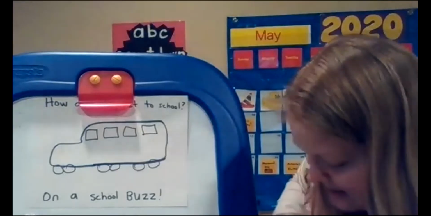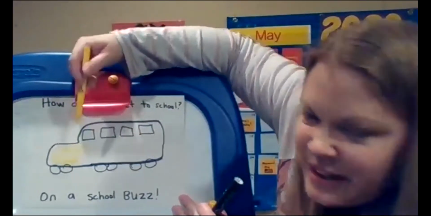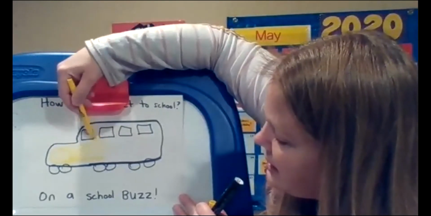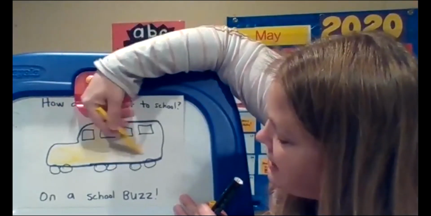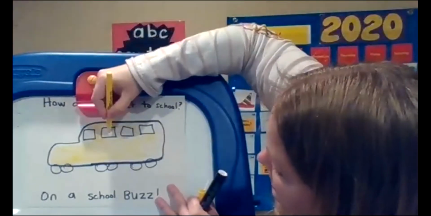Draw my bus. I'll color it in yellow. I'm just going to color quickly so I don't take all of your working time, but you would do a nicer job than I'm doing, of course. And then I'm going to draw some bees in the window.